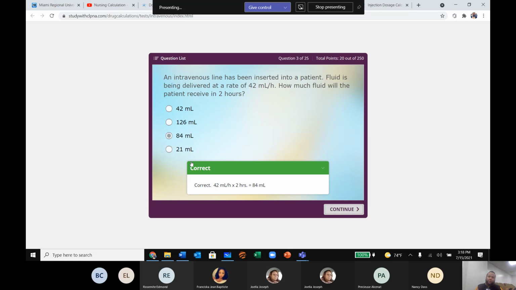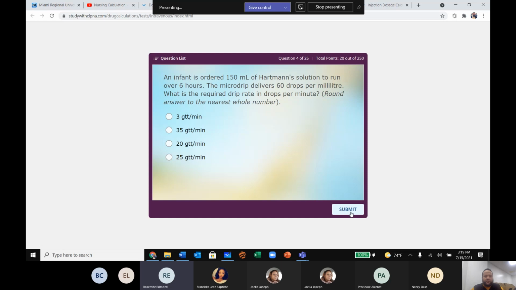In 1 hour the patient receives 42 ml, in 2 hours, how many ml? Oh, okay, I understand. In one hour, 42. In 2 hours, it's 84, double. In three hours, it'll be 42 times 3. Yeah. Okay. Got it? Yes. Thank you. You're welcome. That's a good problem.